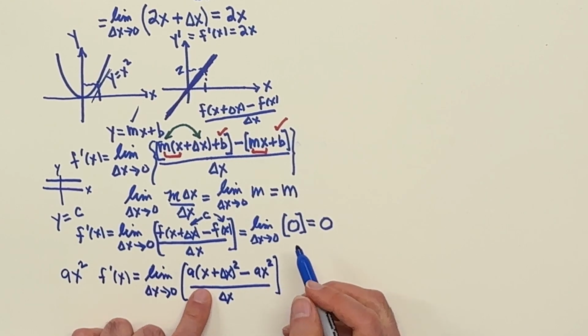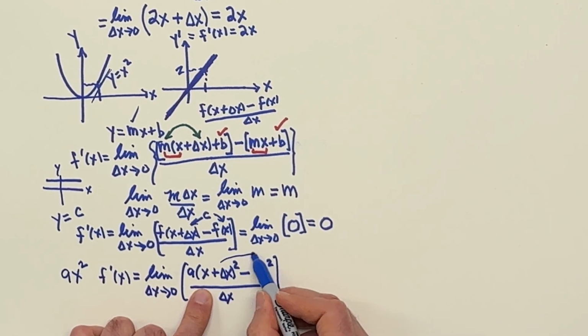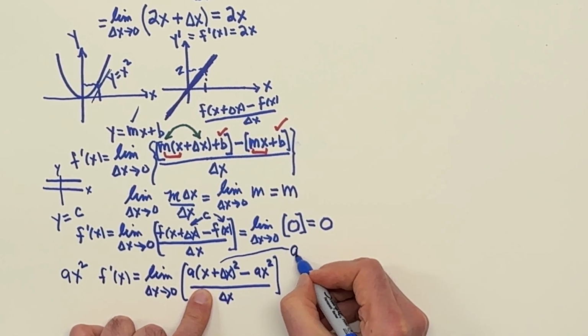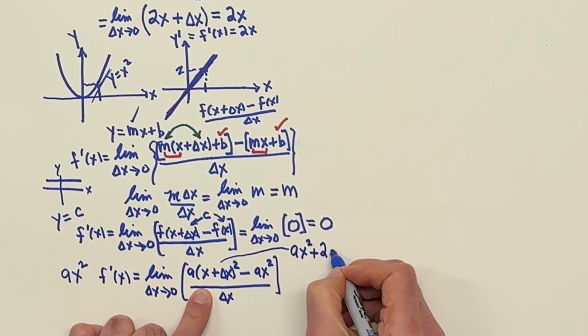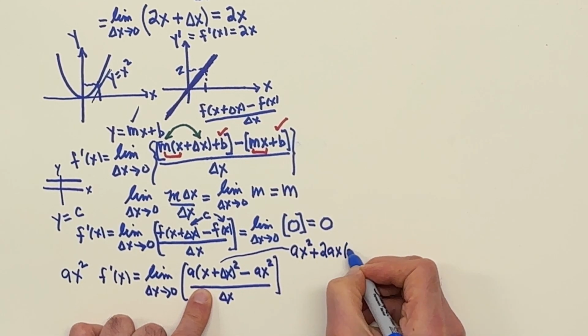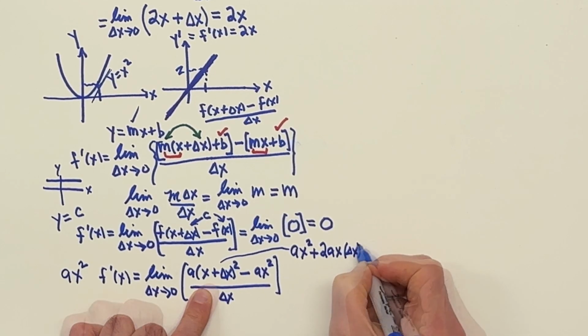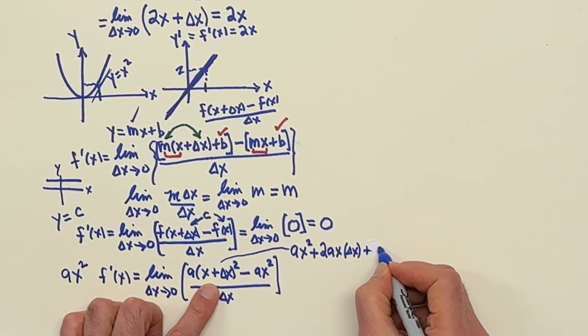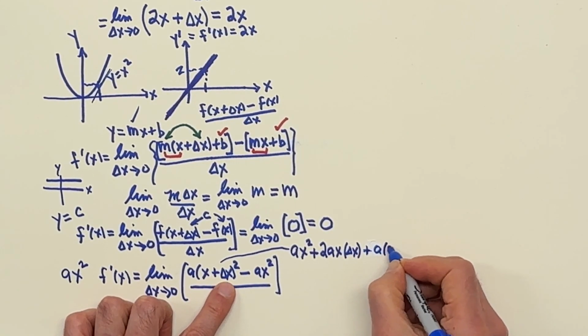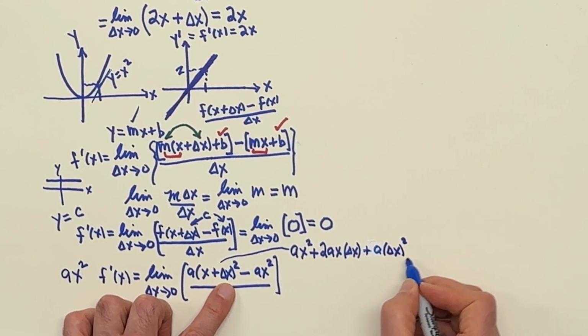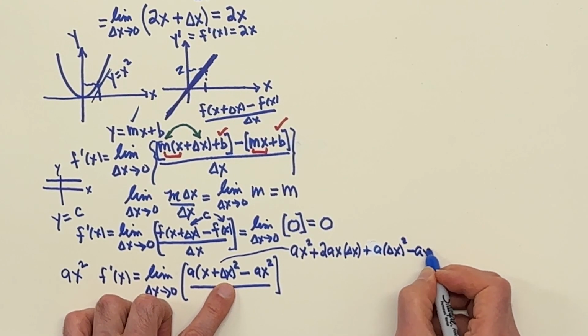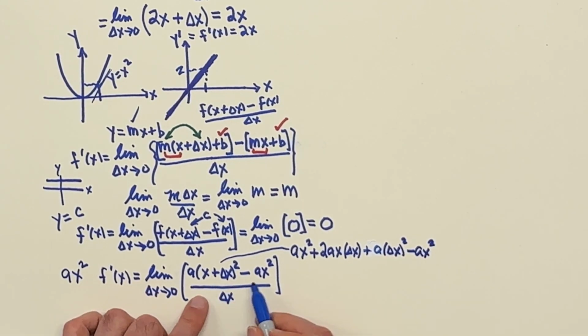And here, if we expand this out like we did before, we would have ax squared plus 2ax delta x plus a times delta x squared minus ax squared. That would be up top.